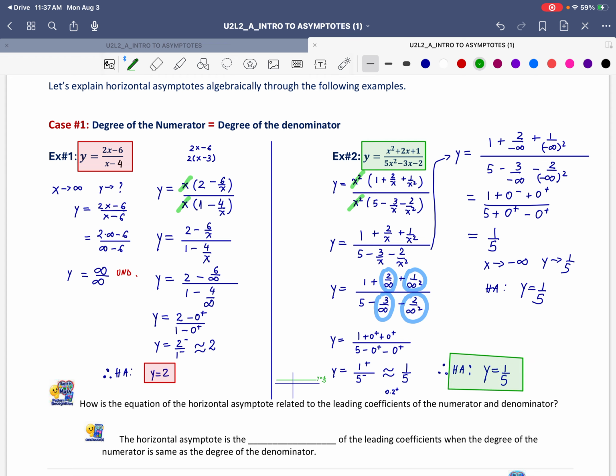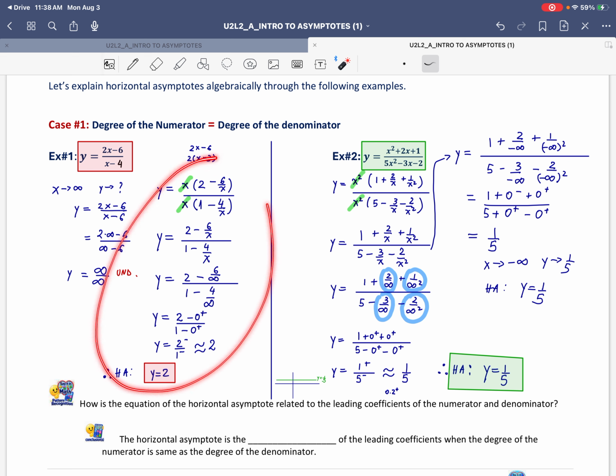Okay, so I wanted to try to recognize some patterns in here. So y equals 2, where does this come from? If you were to compare the leading coefficients here, 2 over 1, that's 2. If you were to compare the leading coefficients here, 1 over 5, that's 1 over 5. So we can use this as a shortcut to determine the horizontal asymptotes.